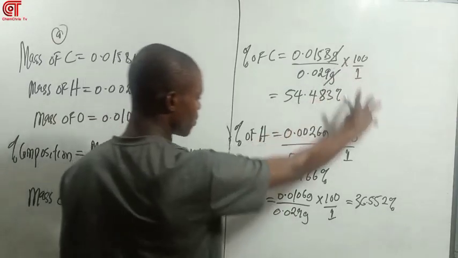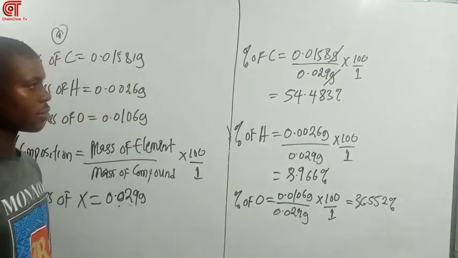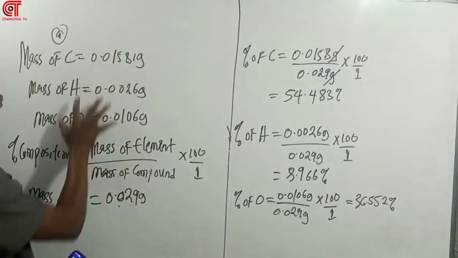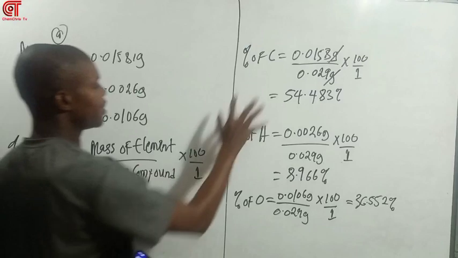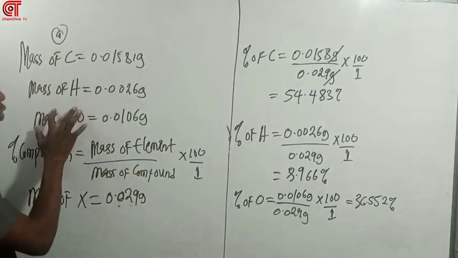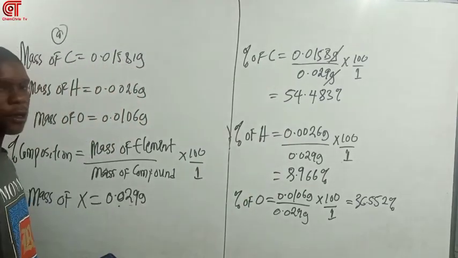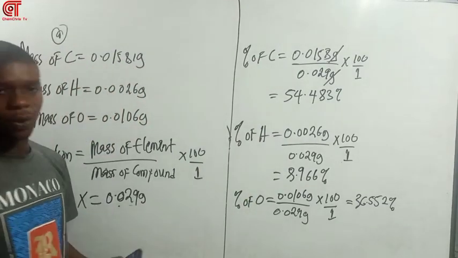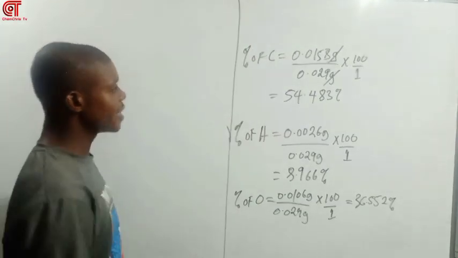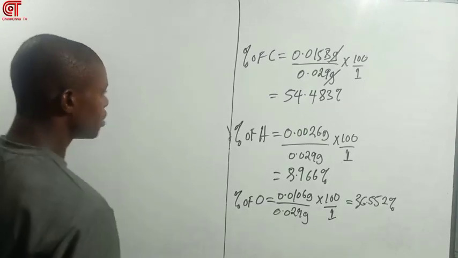If you sum the percentages, you get 100. So let's look at the empirical formula. We are going to use the percentage composition to calculate the empirical formula.